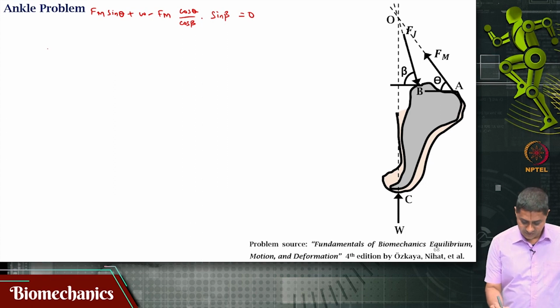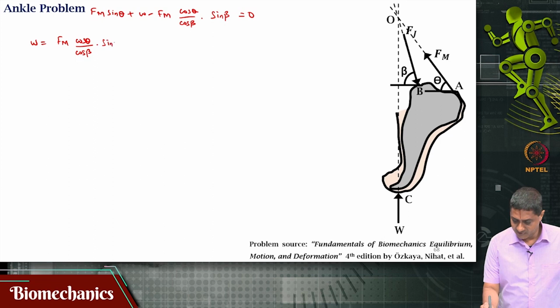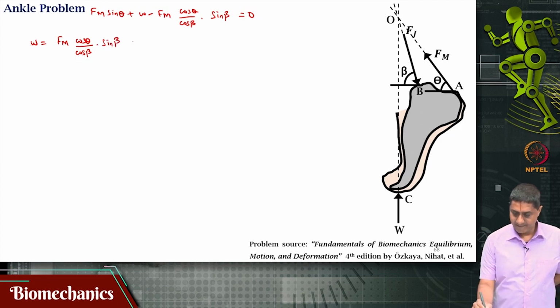Now, I am rewriting this equation as W is Fm cos theta by cos beta times sin beta minus Fm sin theta.